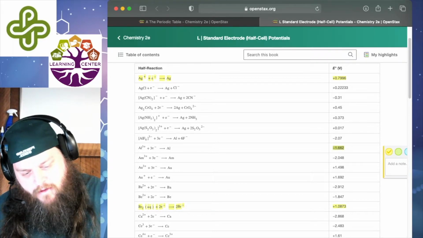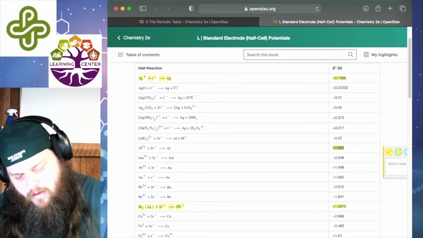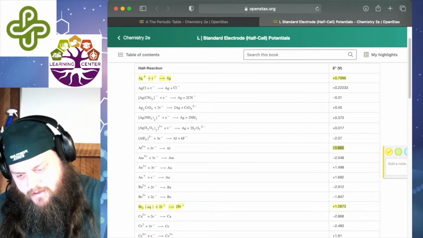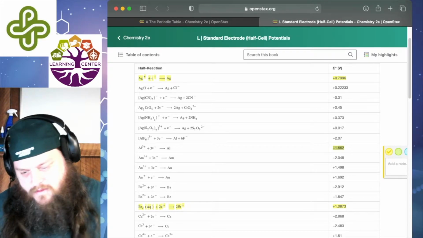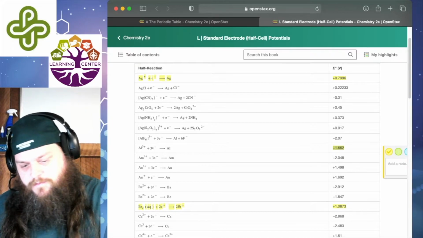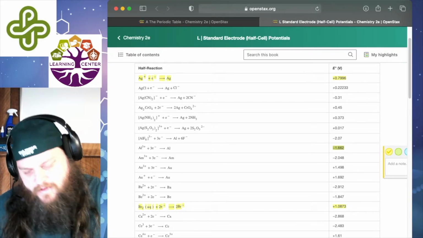And we can figure out what that is. 0.34 minus, parenthesis, a negative 1.662 volts. That's going to be 2.002 volts. So there's our cell potential.